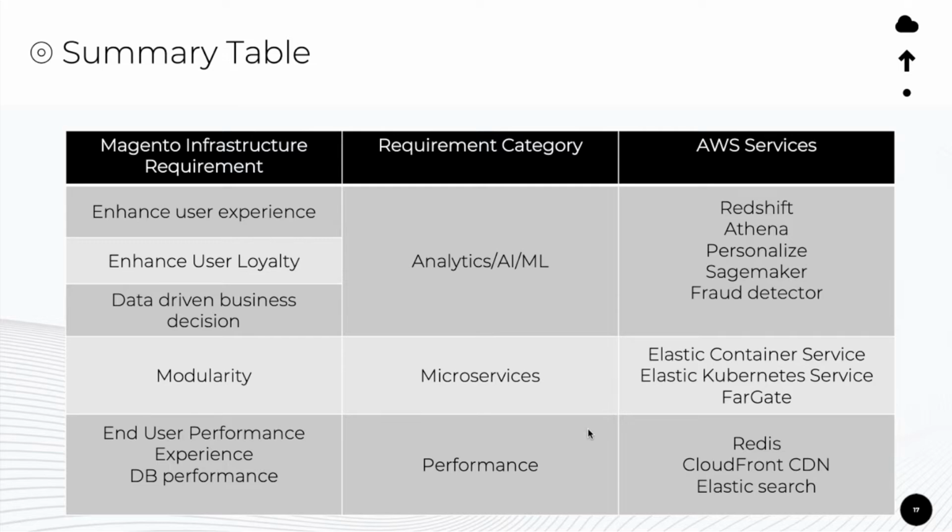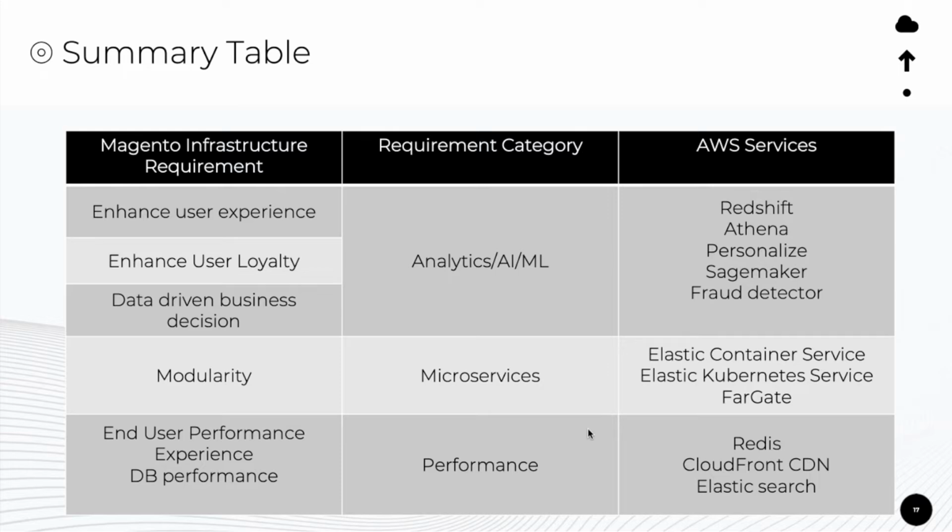So in order to enhance the user experience and user loyalty and enable data-driven business decisions for the business owners, we have to apply different analytics, AI, and machine learning, where AWS has different services, starting from building the data warehouse, cleaning the data and applying analytics using Athena, then applying AWS Personalize, which allows any e-commerce platform to give the same experience that the customer has when browsing Amazon.com.